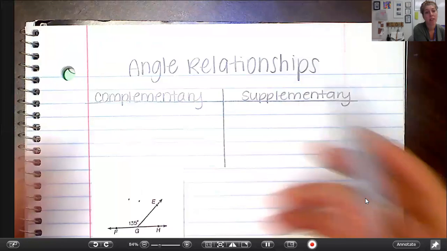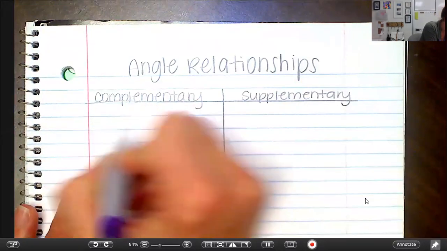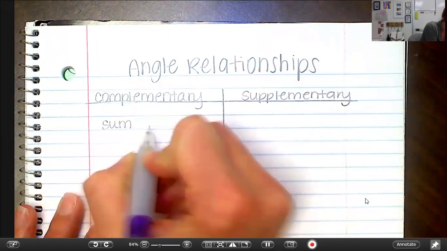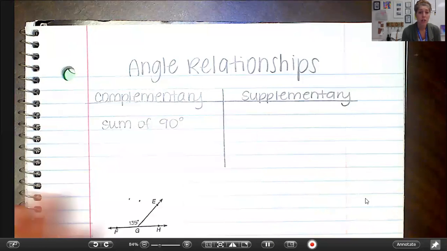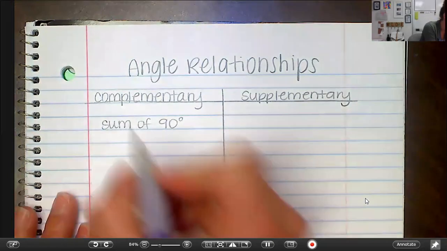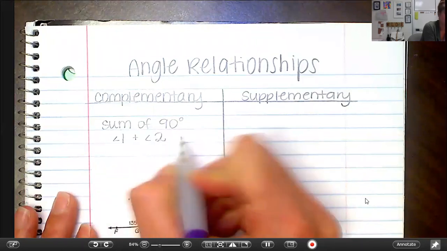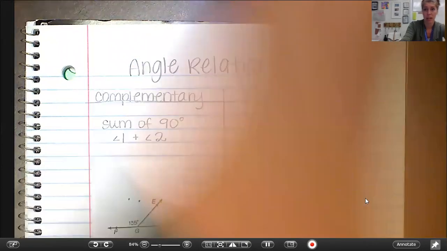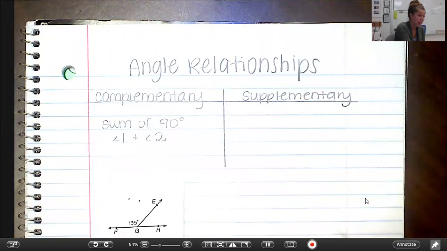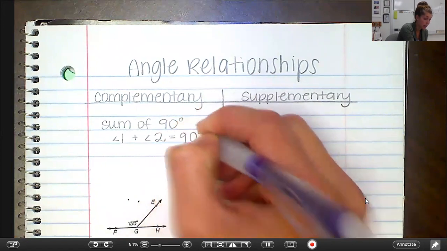Complementary angles: if two angles are said to be complementary, they have a sum of 90 degrees. Okay, so no matter what, if I have angle 1 and angle 2 that are complementary, let me turn my camera so I'm actually in this, there we go, then no matter what, they add to 90 degrees.